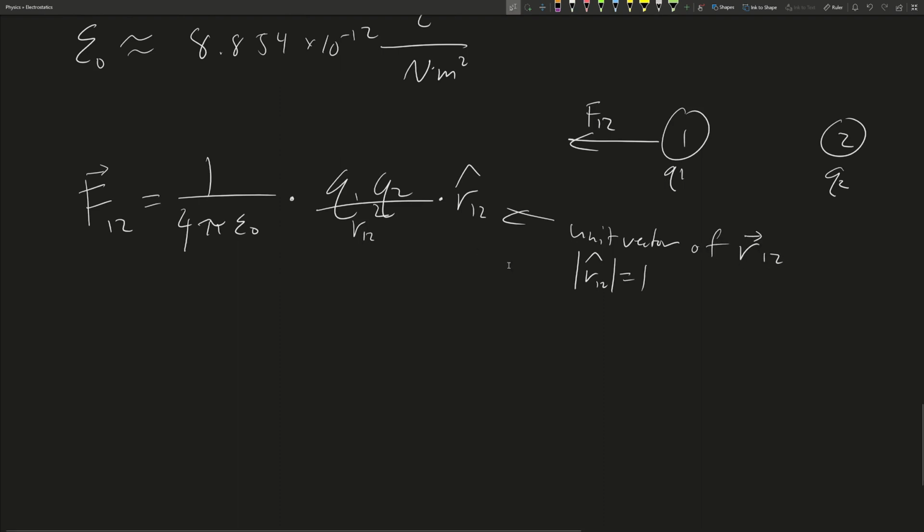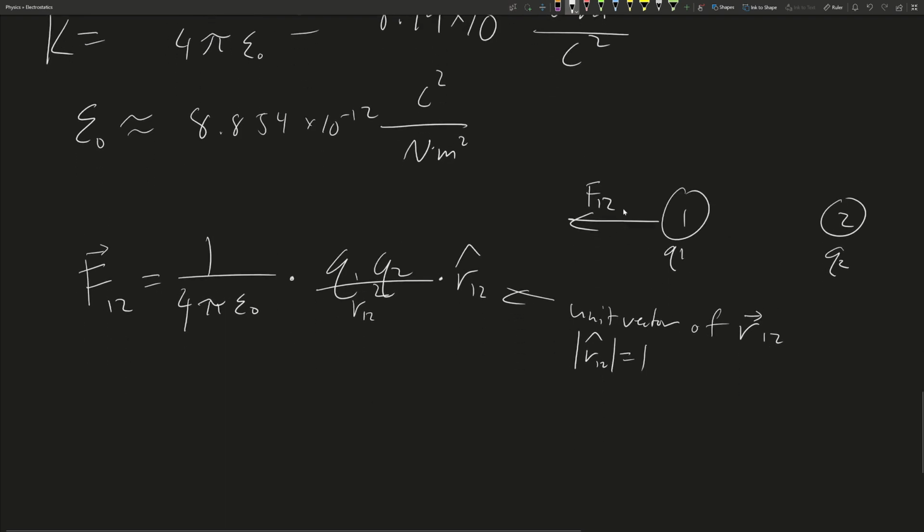Now, this is the unit vector of R12. And what is R12? Well, R12 is the position of charge 1 with respect to 2. This arrow right here is going to be R12. So it starts at 2 and it goes to 1. So R12 is the position of 1 with respect to 2. And so the unit vector of this is equal to R12 divided by the magnitude of R12.